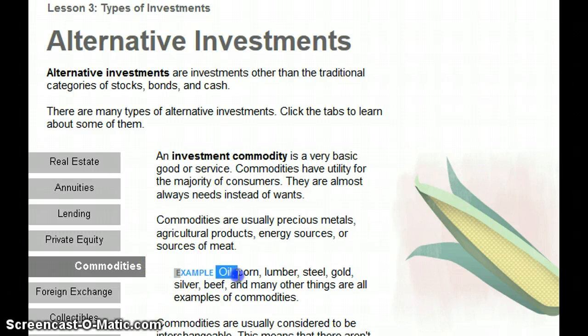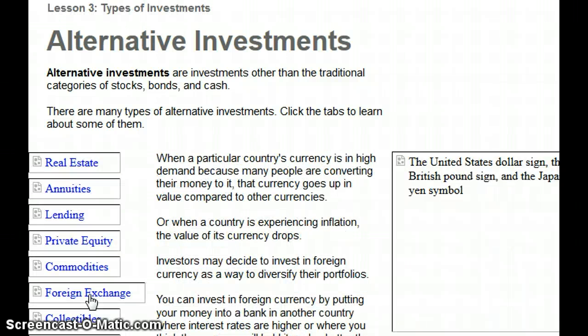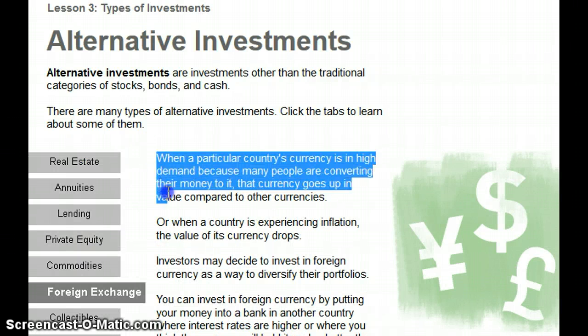Examples are corn, oil, lumber, steel, gold, beef, and many other things. You can also invest in the currency of a country because many people are converting their money to that currency. If it goes up in value compared to others, which has usually been the dollar, you would actually make an increased rate of return.